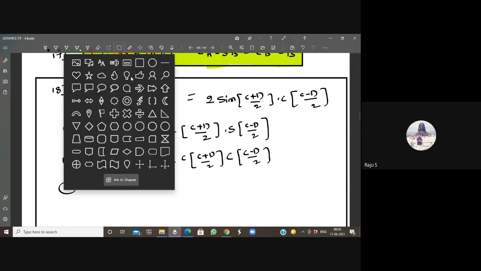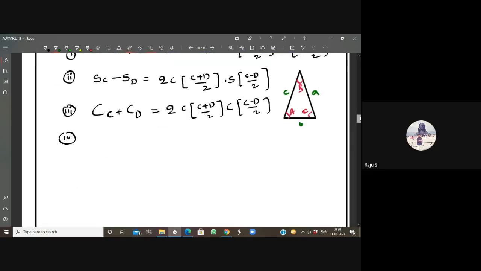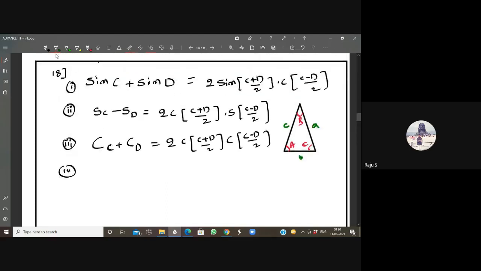In triangles, angles can be denoted by what, capital letters or small letters? Capital, yes. This is A, this is B, this is C. You can represent angles with capital letters, but the lengths of the sides of the triangle are small a, small b, small c. So the length of a side is denoted by small letters, and angles by capital letters.